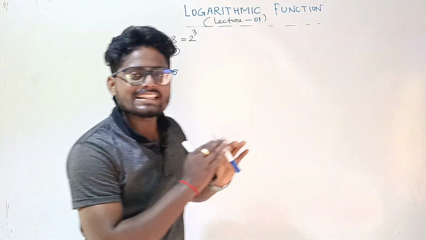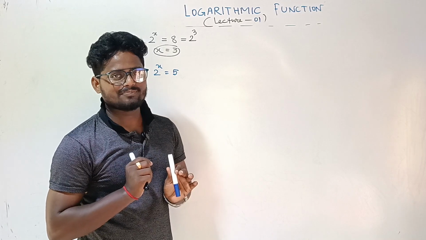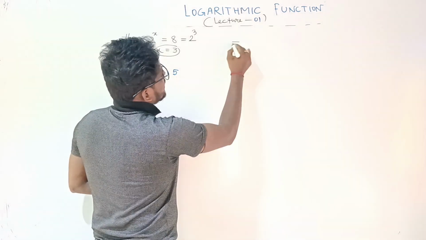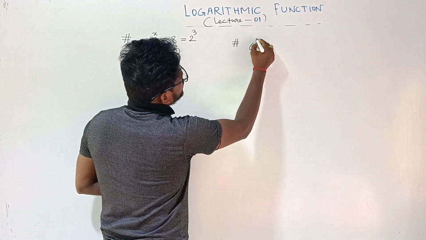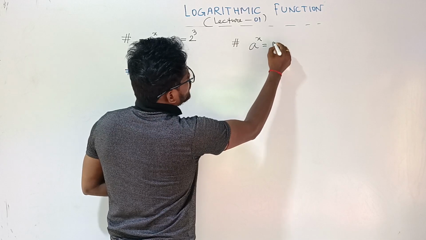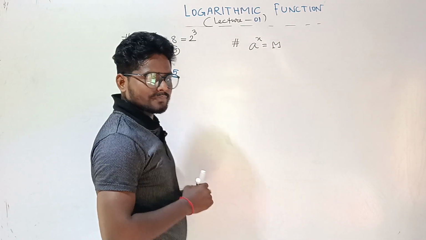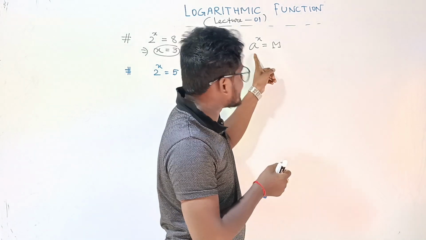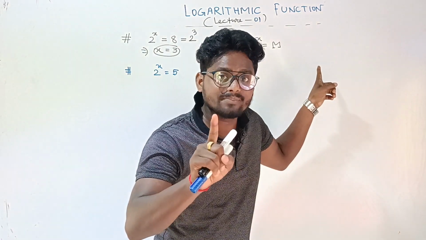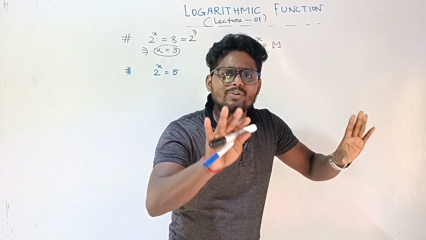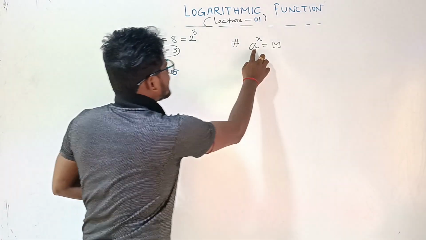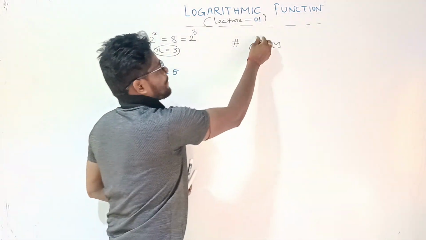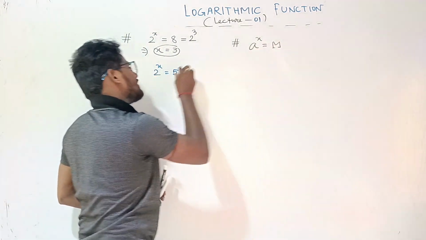So let's understand the definition of logarithm. If a to the power x is equal to m, you will understand later on what m is. Just now, think a is your 2, that is 2 to the power x, and m is your 5.